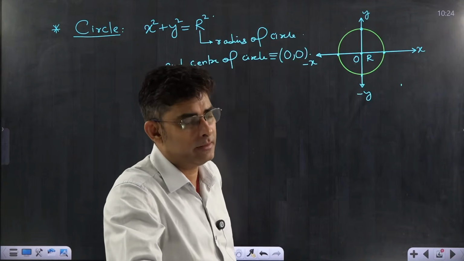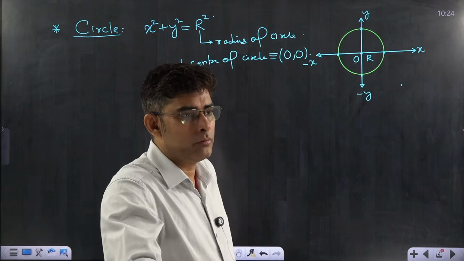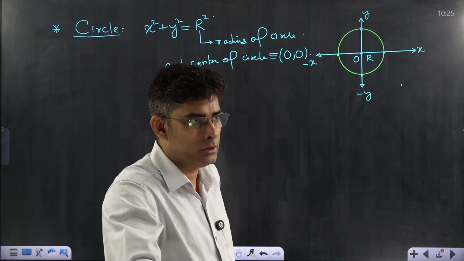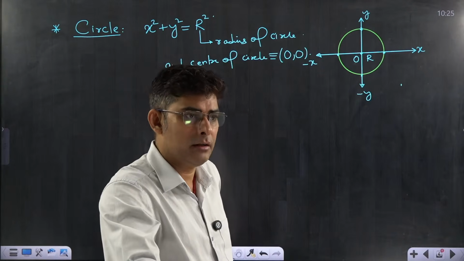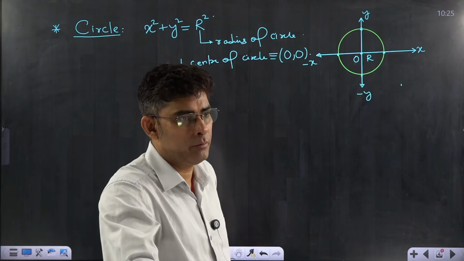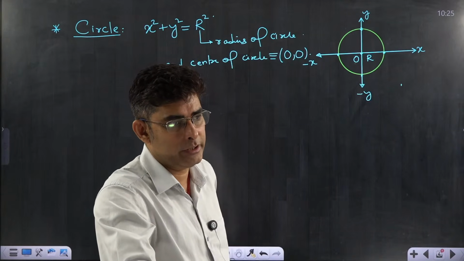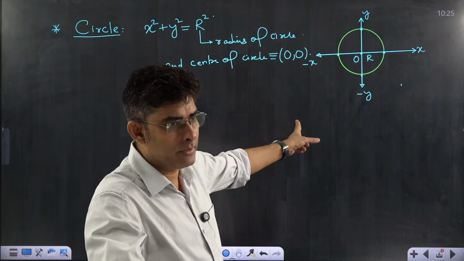I said, best of luck, draw it. This is not a moral lecture where you are suggesting what I should do and not do. I am teaching here. My job is to teach. If you are not sincere, you will hear something from me which you may not like. And if you are sincere, I will always appreciate your efforts. That is me. I cannot change myself. Very sorry for that.